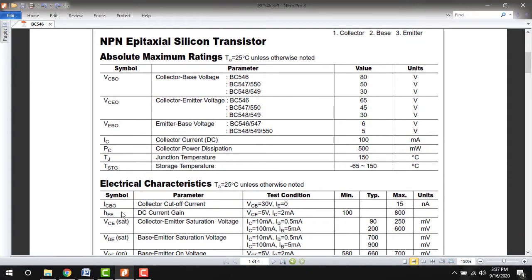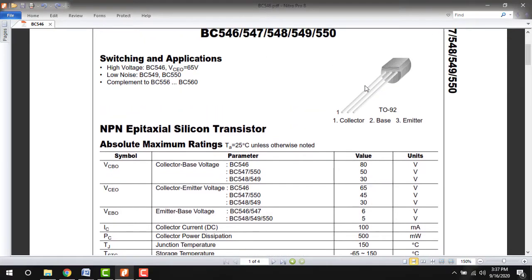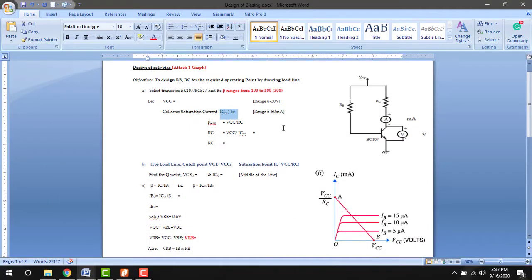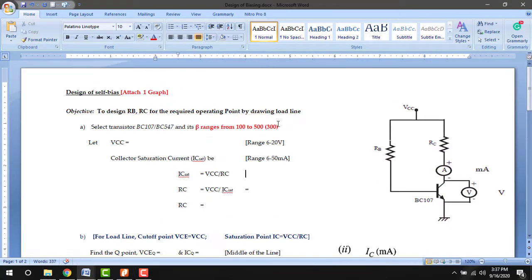Similarly, the HFE, nothing but the beta value, ranges from 100 to 800. Using this transistor specification, we are going to design the remaining things.